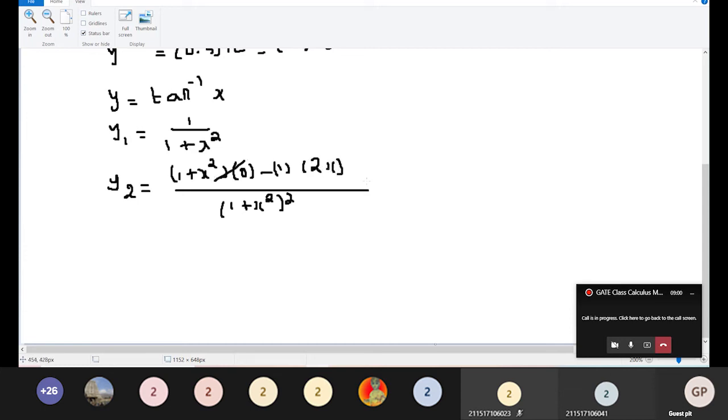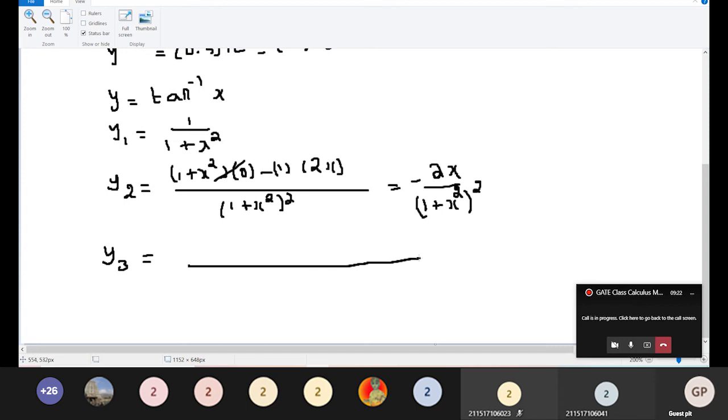So this is 0. Simplifying this, minus 2x divided by 1 plus x square whole square. This is y2. So we need y3 also.